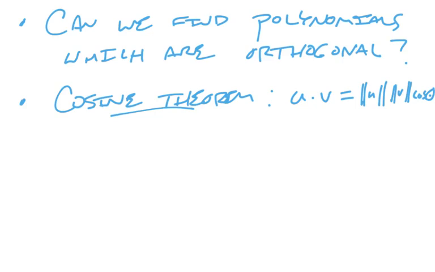Let me give you basically where this question is going. It's inspired by question 1 up here. The orthogonality question is asking if we can find two polynomials which are pi over 2, whatever the angle between them is, they should be angle pi over 2 between one another. In other words, they should be orthogonal.